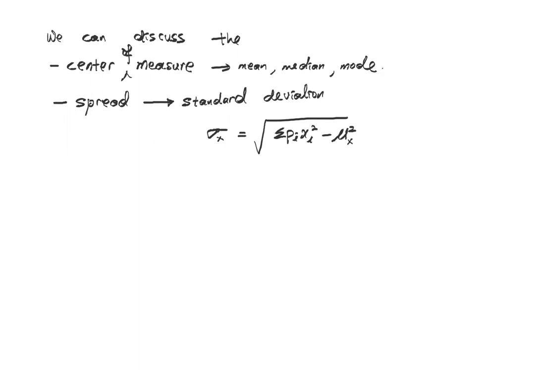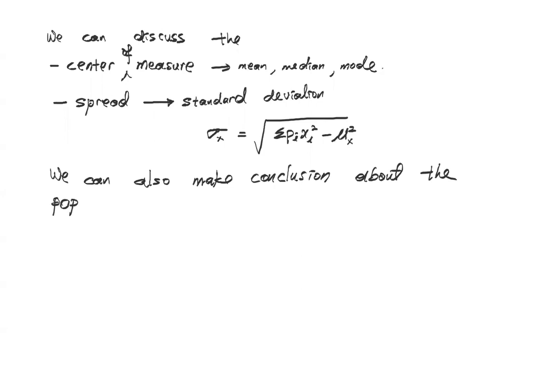So after that, we also can make conclusions about the population of interest. That means something that you are interested in. So these are the things that we can do with a probability distribution.